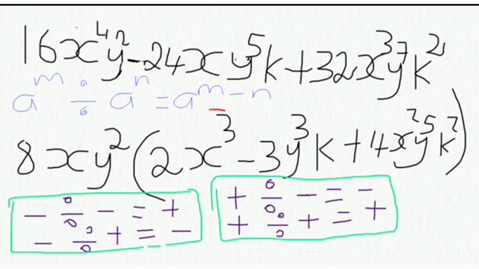So 1 does not change anything when we are multiplying. If you multiply anything by 1, you get the thing that we have multiplied. So therefore, here we are not going to write 1. Altogether, our first term is done.